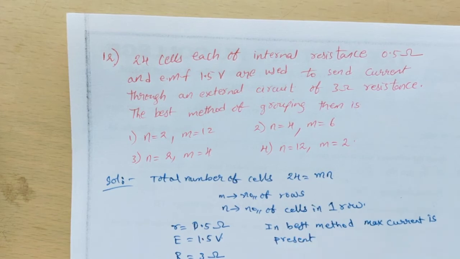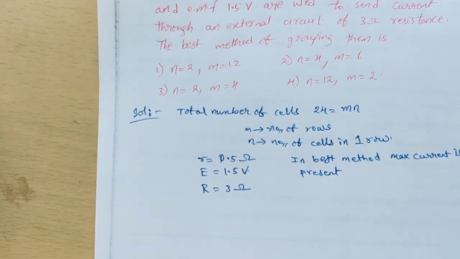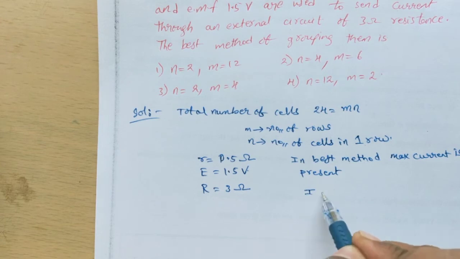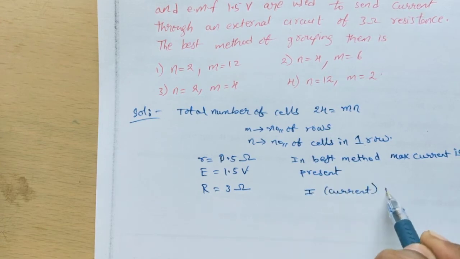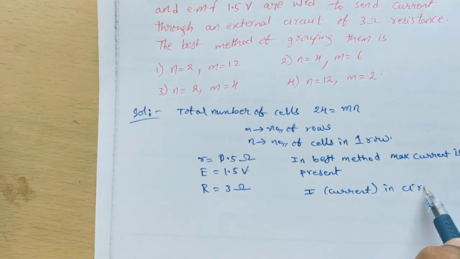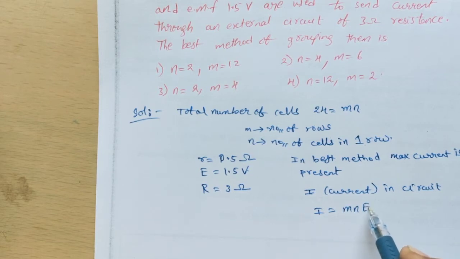See students, generally we have one formula. The current in the circuit, in mixed grouping, I value is equal to mnE divided by m into capital R plus n into small r. This is the formula.